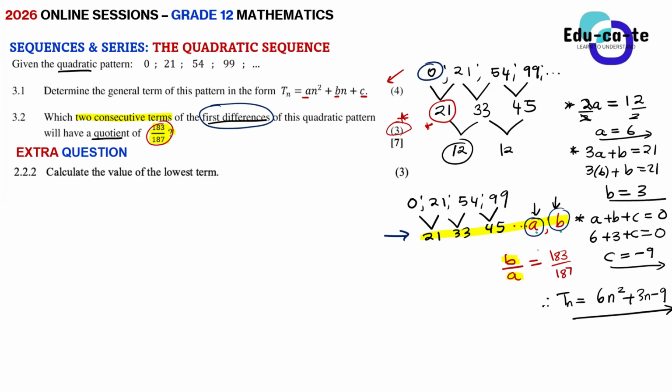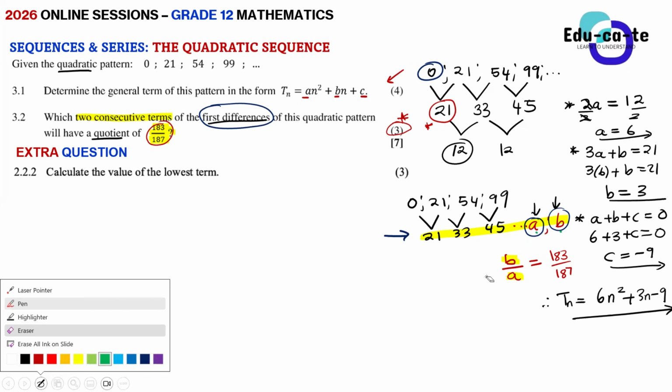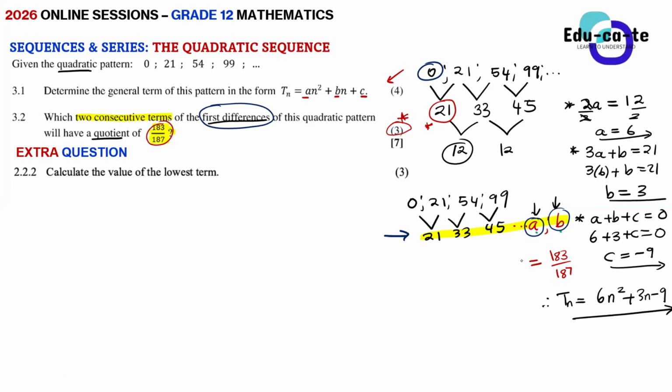Therefore, number A is smaller than number B, right? So it can also make sense to say A over B here. I think A over B makes more sense than B over A, because if we say A over B, A has to be a smaller number than B, no matter what.